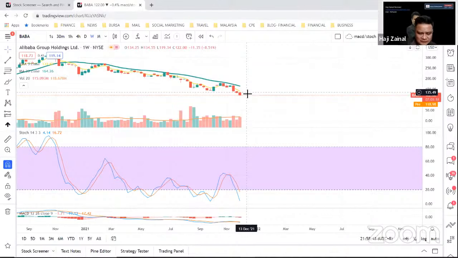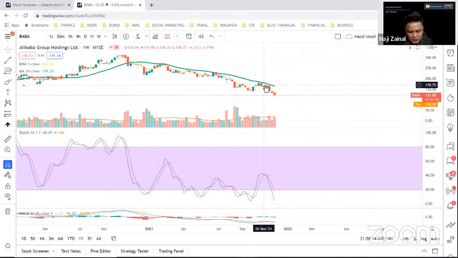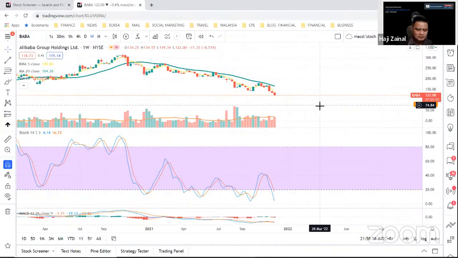If you are not an aggressive trader, which means you are a normal trader, you have to wait for the price to be above the 20-day moving average, or the trend starts to move up, or uptrend. Only when the price action starts to trend up do we enter the market.